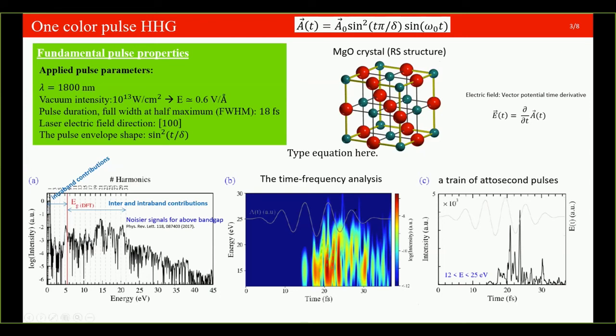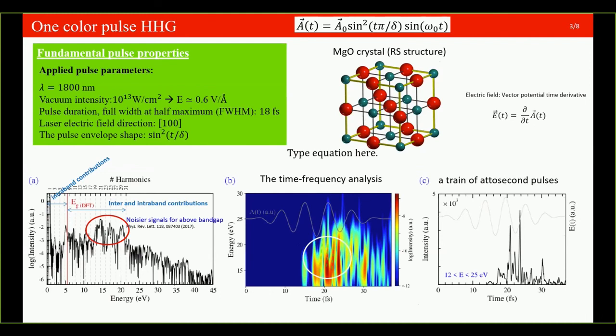The time frequency analysis, which is shown here, indicates that no isolated attosecond pulse could result from this spectrum. As you see here, actually we have a train of attosecond pulses. Also here the time-dependent vector potential as well as the time-dependent electric field are shown.